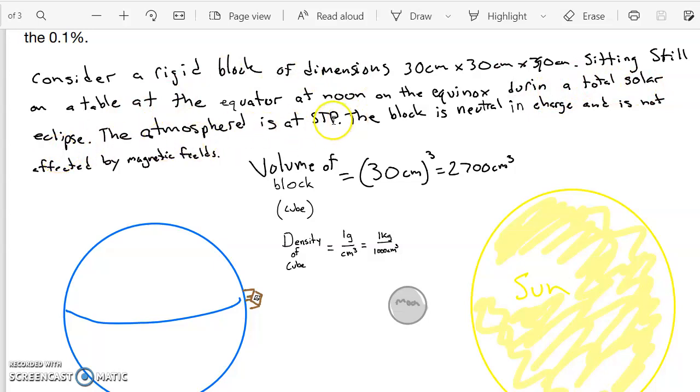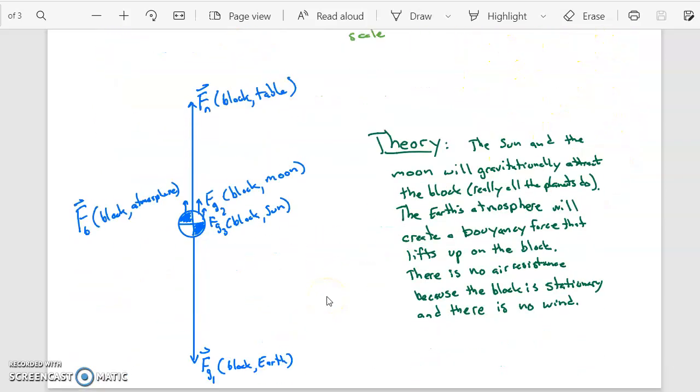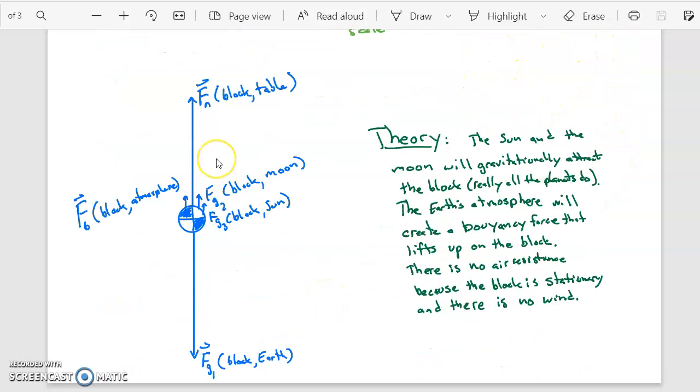The atmosphere is at standard temperature and pressure, and the block is neutral in charge and not affected by magnetic fields. Again, that sounds ridiculous, but you'll see why in a little bit. And I want you to be very clear that we're not going to concern ourselves with all these forces on a normal basis. So let's actually draw a free body diagram of the object here.